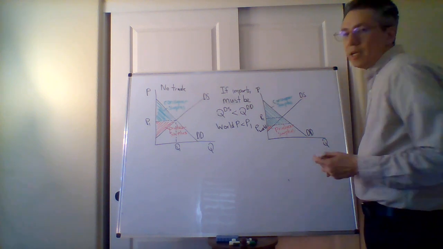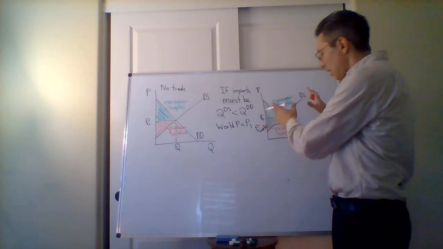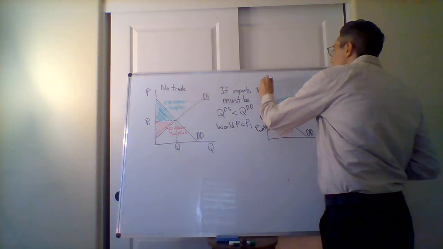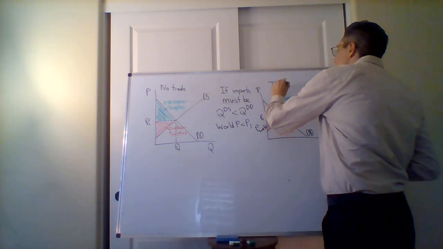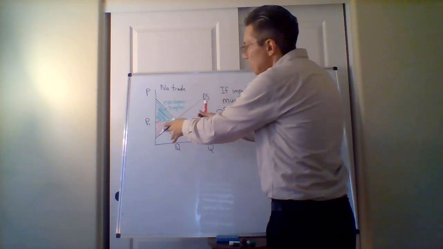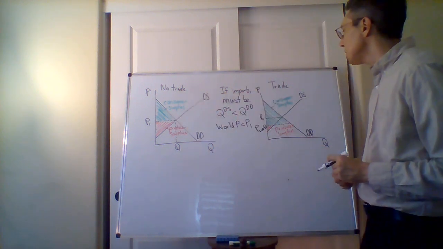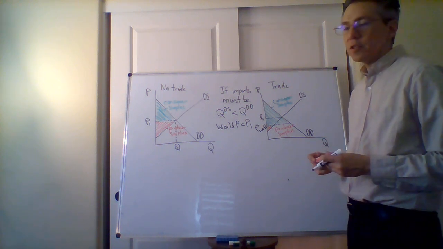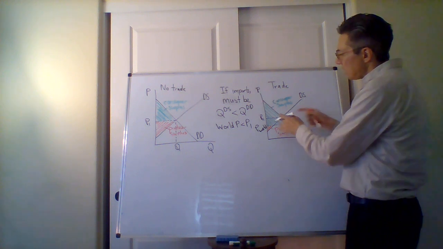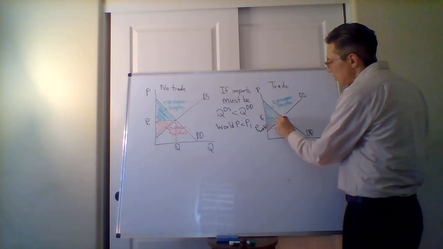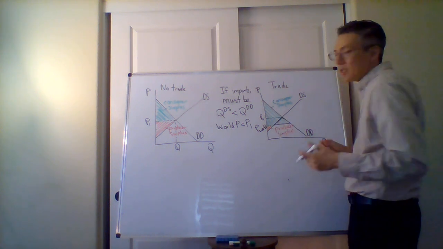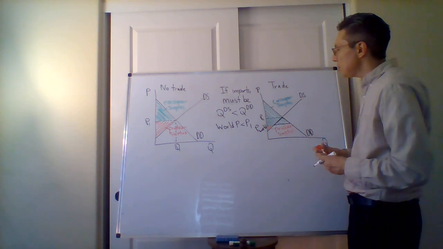Once again, what we can do is compare the graph we have here, which represents trade, except in this case for imports, with this one. What do we notice in terms of total surplus? It's actually bigger, by this amount, when we have trade. We notice that the consumers are the ones doing better.